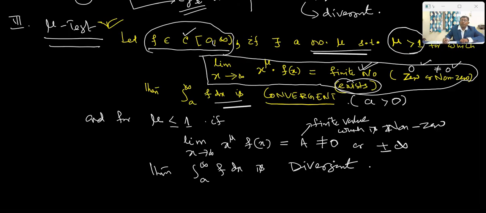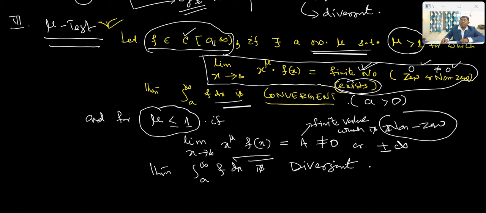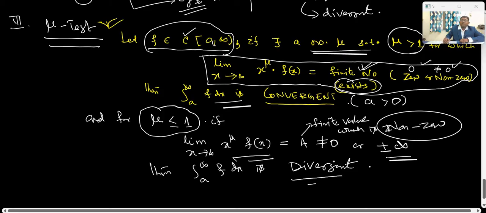Divergent. So mu is less than or equal to 1, and this limit should be a non-zero value, or it is plus infinity or minus infinity. Then we say this integral is divergent.